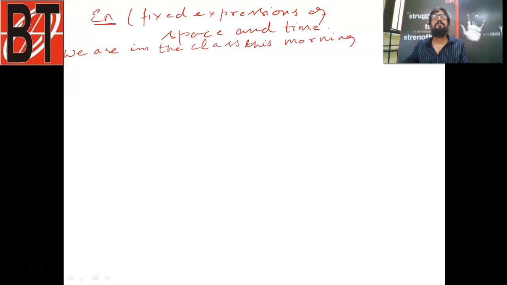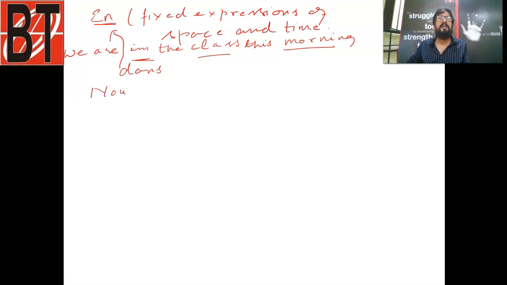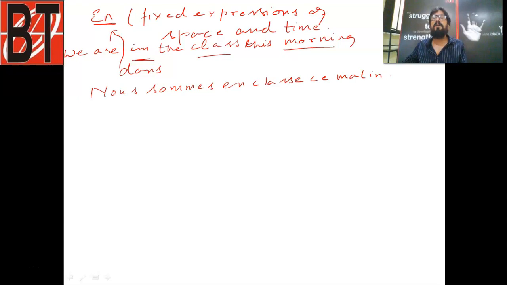Now the fixed expression of space and time, space भी है और time भी है, तो यहाँ पे आप इनमें अगर don't लगाते हो, so I'm not saying it's wrong, but the most appropriate is on. So we are in the class, you can write nous sommes, तो हमेशा sommes आएगा, nous sommes en classe this morning, ce matin.